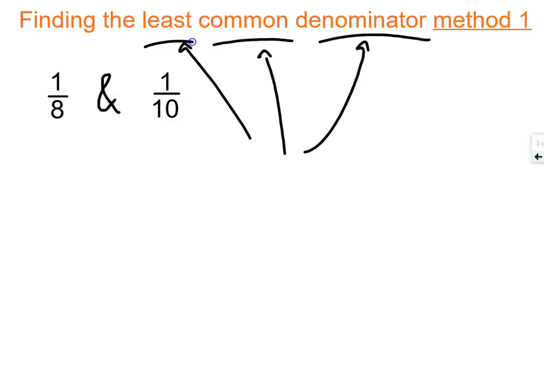So we have the fraction 1/8 and 1/10. Thinking out loud, there are lots and lots of numbers that 8 and 10 can multiply into that give us the same denominator. And that's what we need to do. We need to multiply 1/8 by something and multiply 1/10 by something to generate the same denominator.